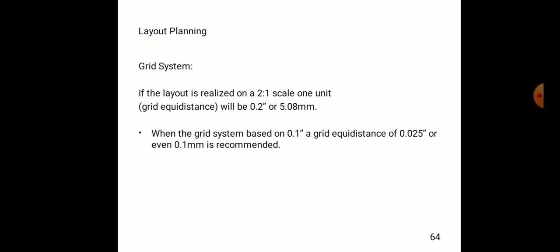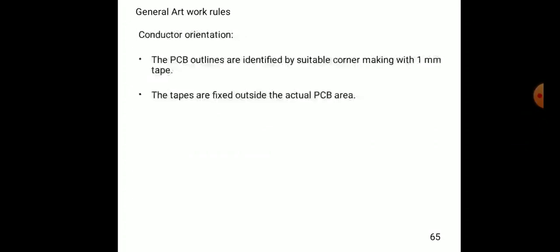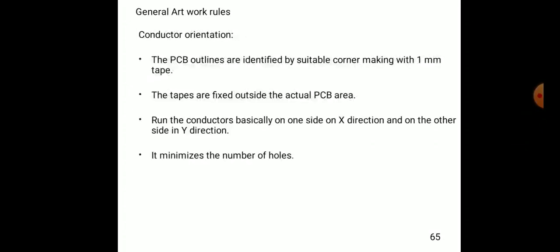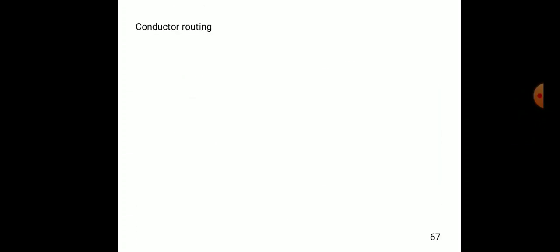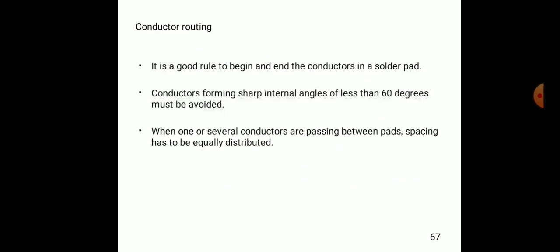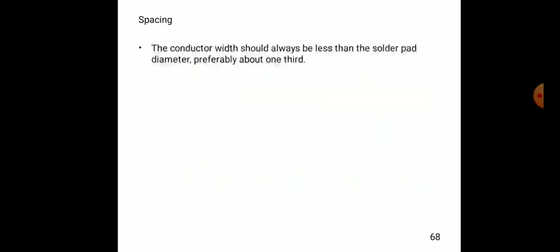In the layout planning, how the grid system we are going to use, and the general artwork rules we are going to discuss, and different rules in the conductor routing, and so on we will try to discuss in the next class. Thank you.